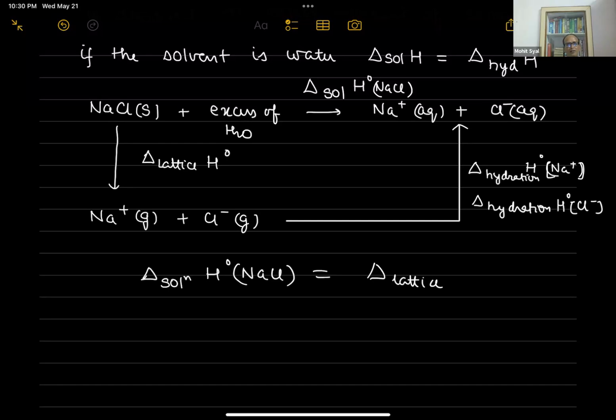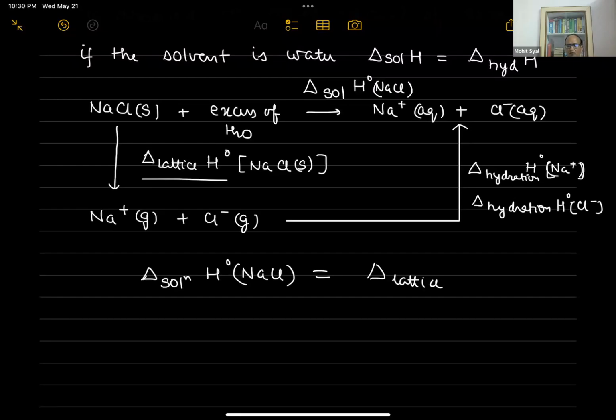Think that you are mixing NaCl. Basically you are doing two things. First you are breaking Na and Cl, for which you require lattice enthalpy. Then once the Na plus and Cl minus are separated, you put them in water, so they are surrounded by water, and that is called hydration enthalpy.